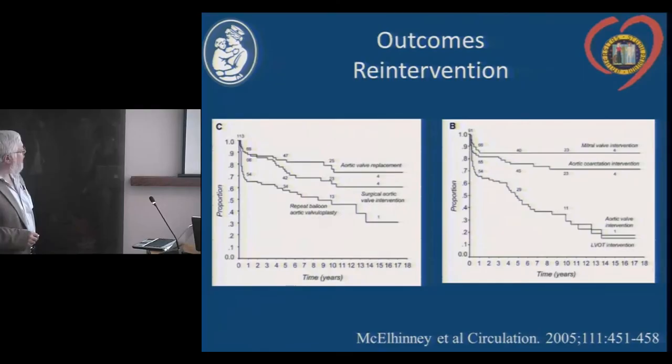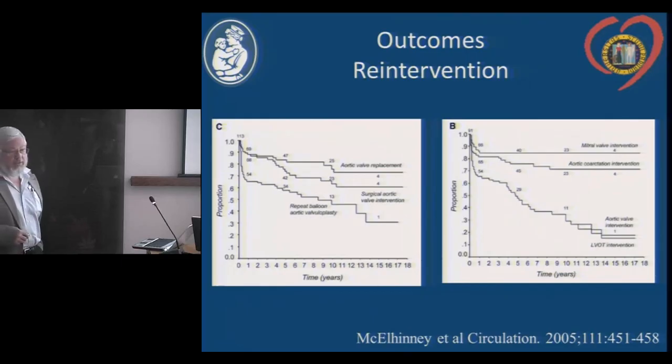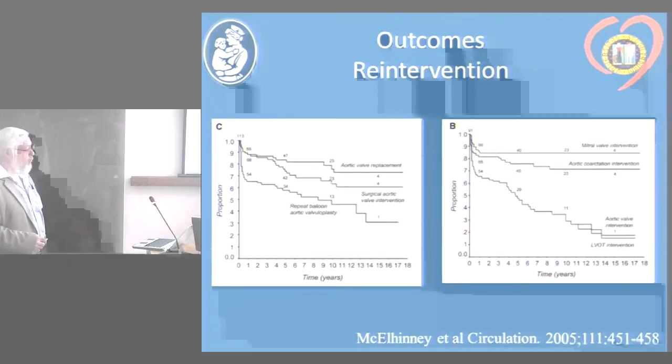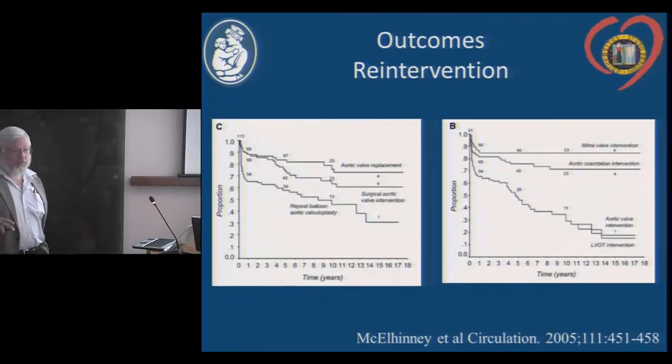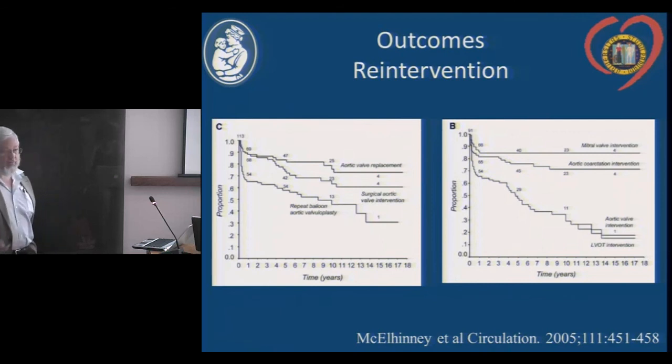If we look at just repeat valvotomy, by 5 years, only about 55% were free of a repeat valvotomy. So most of these babies will undergo a repeat procedure on their aortic valve in early childhood. By 10 years, about 40% were still free. So most of this occurs in the first 5 or 6 years, but there's a substantial need for retreatment of neonatal aortic valve disease that's undergone balloon valvotomy.